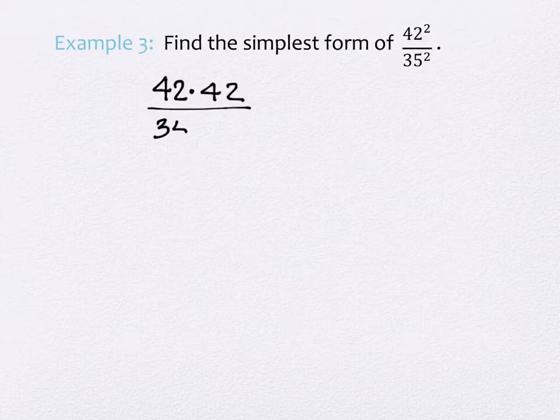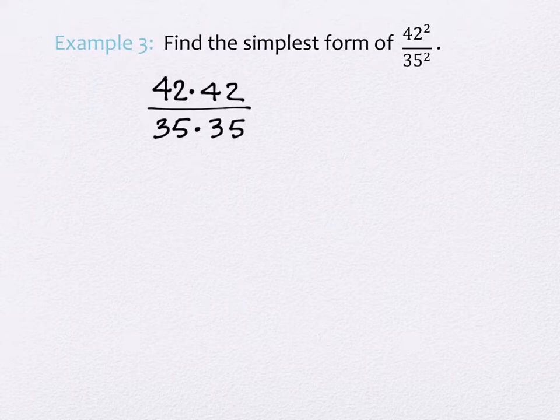Okay, so when I'm looking at the 42 squared, I told you we're not going to actually do 42 times 42, but we are going to write it out. It means 42 times 42 and 35 times 35. And because it's all multiplication on top and because it's all multiplication on bottom, I can look at things that 42 and 35 have in common and reduce it from there.